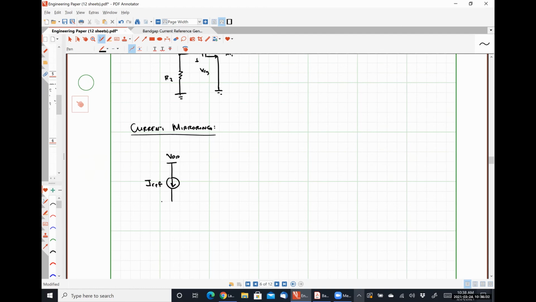And then we feed this into a specialized circuit, which is called a current mirror. And what the current mirror does is it senses what the value of the reference current is and then makes a copy of it.